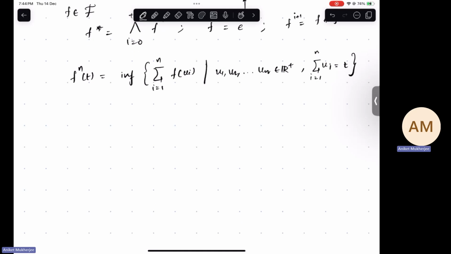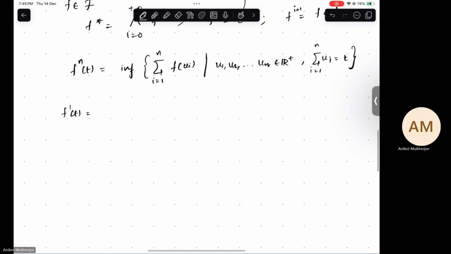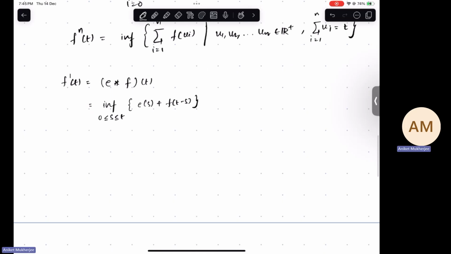Okay, so let's write this out first. Let's first write f^1 of t. This is equal to e convolution with f, which is the inf over 0 less than or equal to s less than or equal to t of e of s plus f of t minus s. Now you will see that this attains the infimum at s equal to 0. So this is equal to f of t.